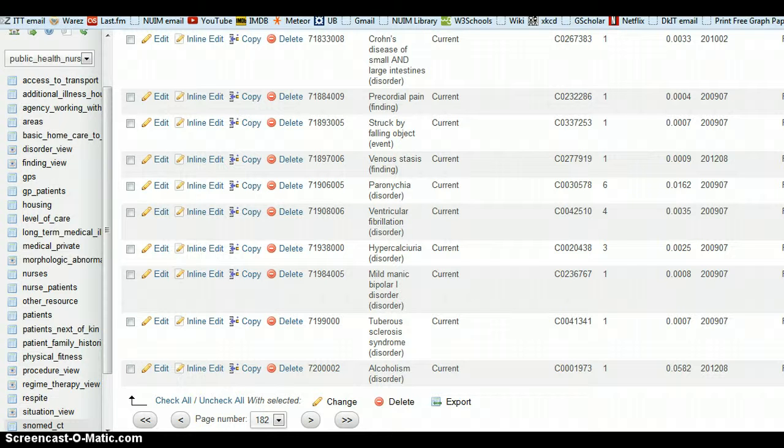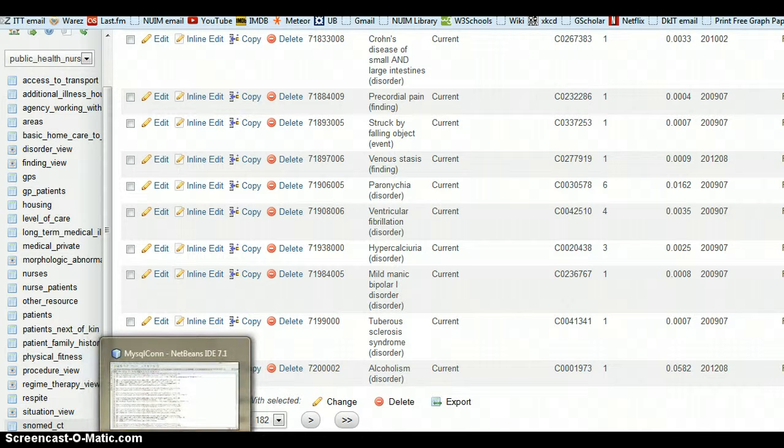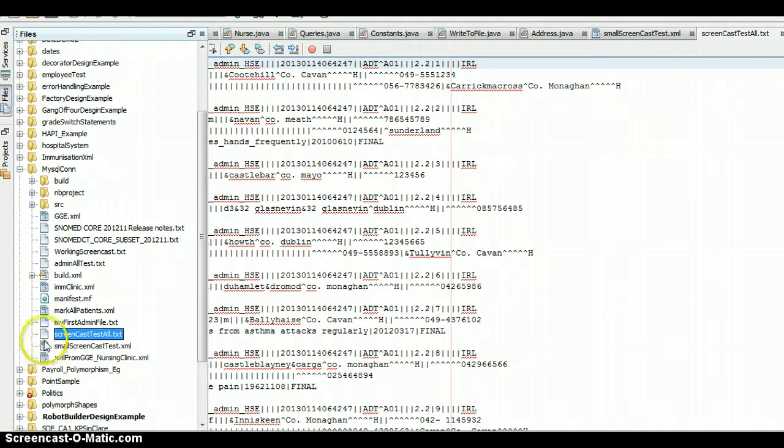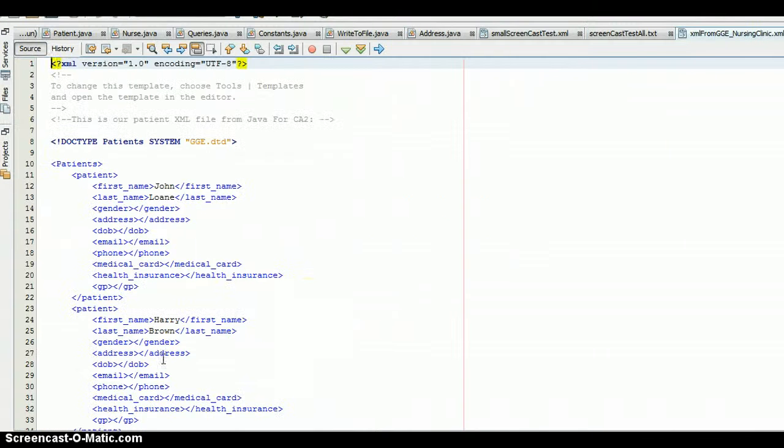Using HL7 really creates the ability to work amongst multiple versatile systems. It's much more flexible than using the XML and DTD that we used before. Before, we really needed to know what was in the other person's systems before we could create a DTD.